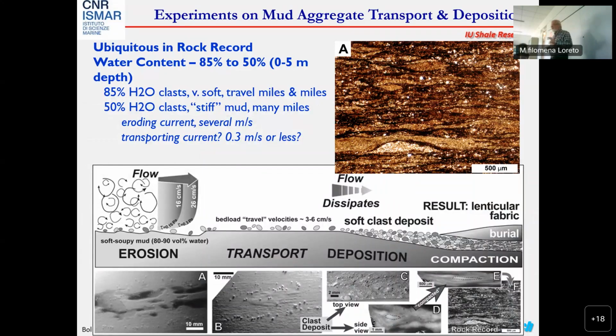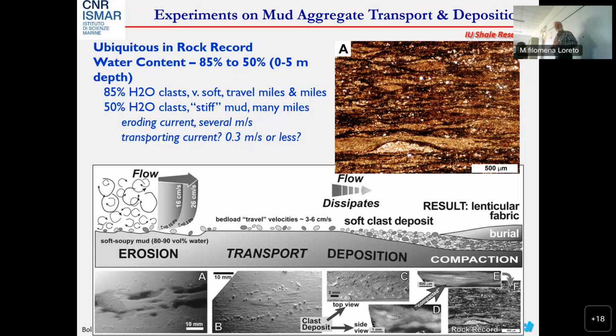But in any case, muds that consist of compacted soft lumps are common as well. This is an example here from the Cambrian of India, but we have them from all ages basically. I call this lenticular fabric, basically little lenses, sand size and larger, of mud aggregates that must have been soft before being compressed.